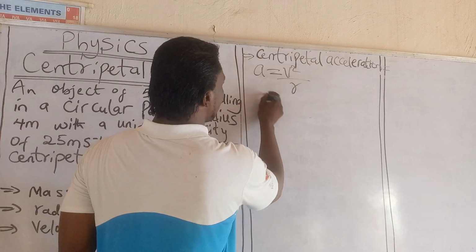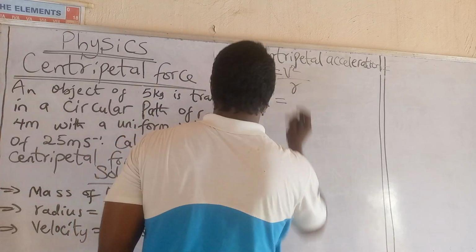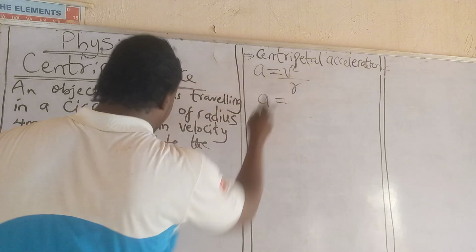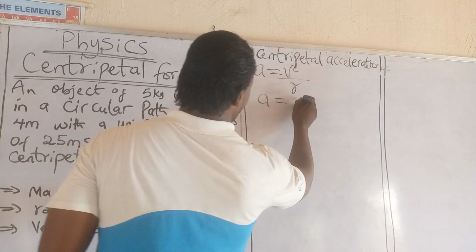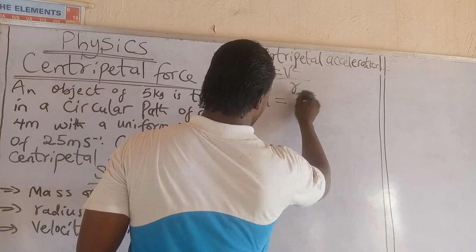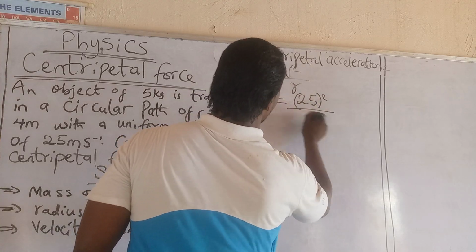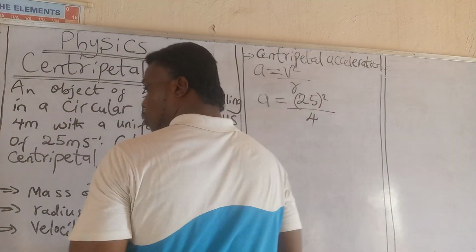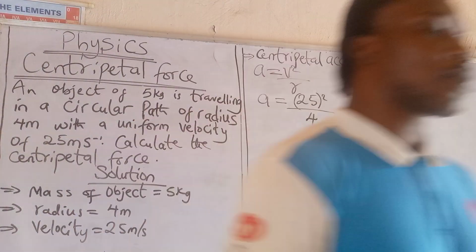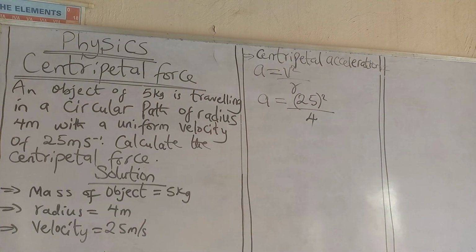A stands for the acceleration, and v stands for velocity. Here, velocity is given as 25 meters per second. So we say 25 meters per second, squared, over r, where r is the radius, which is 4.